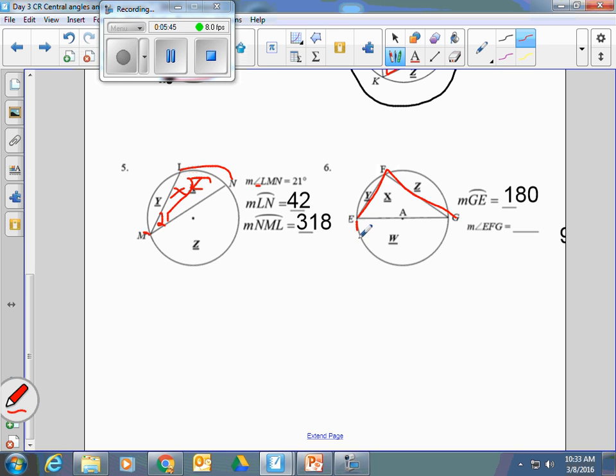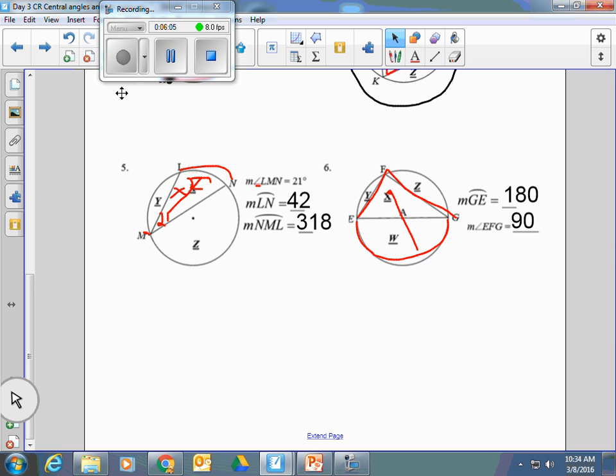So if this arc is 180, how big is that angle in there? 90 degrees. Very good. This is what you should have done yesterday on that fourth circle. If the inscribed angle was 90, how big should the central angle be?